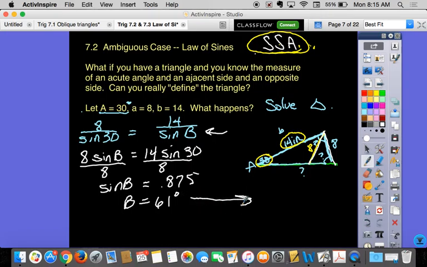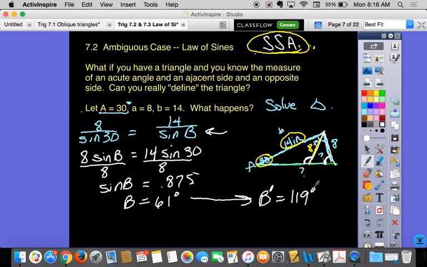Now, the relationship between this angle and this angle, hopefully you figured out, they are supplementary. So if you did 180 minus your answer, 61, you're going to get 118.9. If I round that up, let's just go to 119.